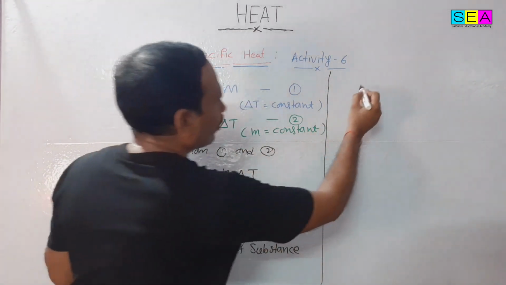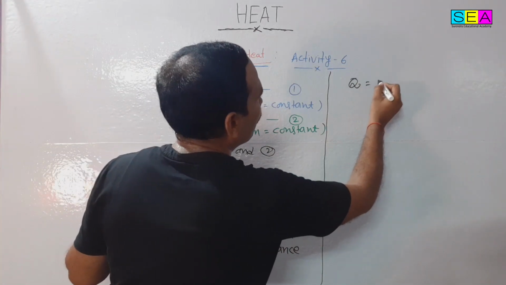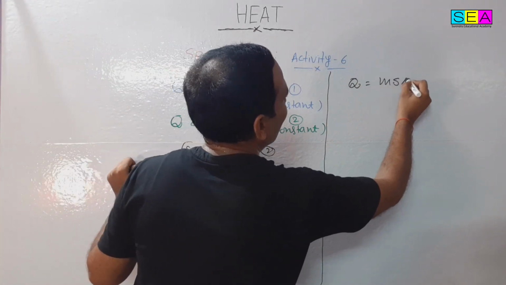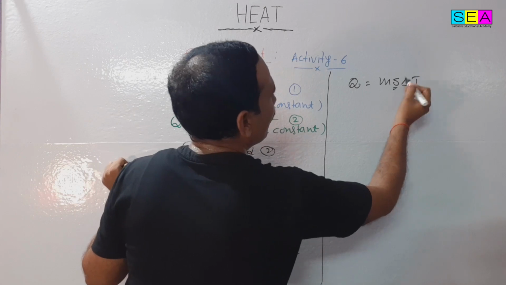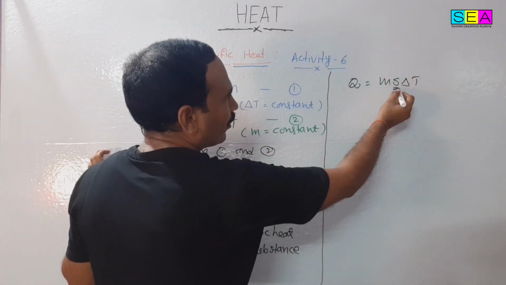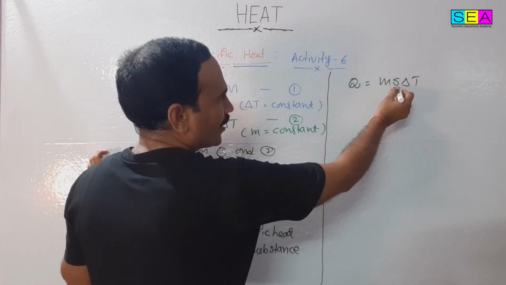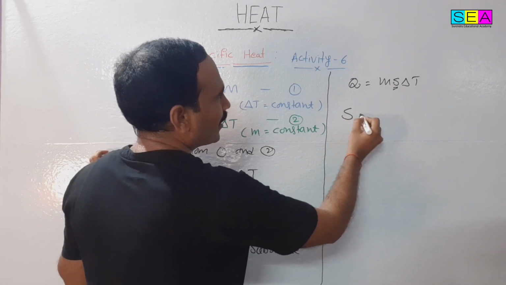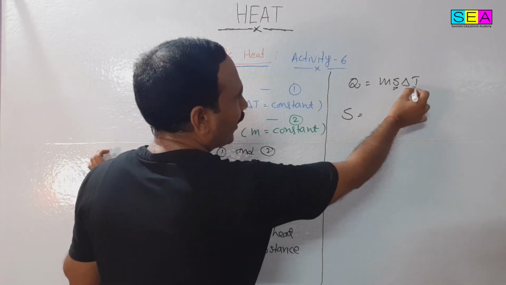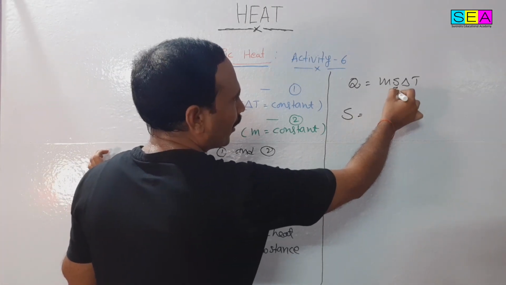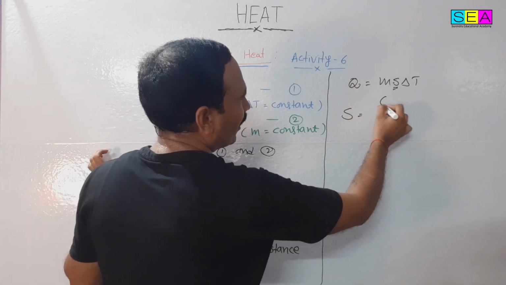Here Q is equal to M S delta T. So we are writing the equation for S. M and delta T are both multiplying here, so on the other side they will divide.